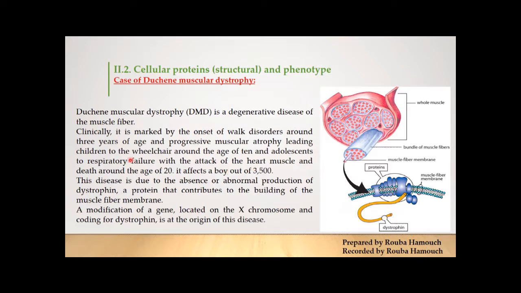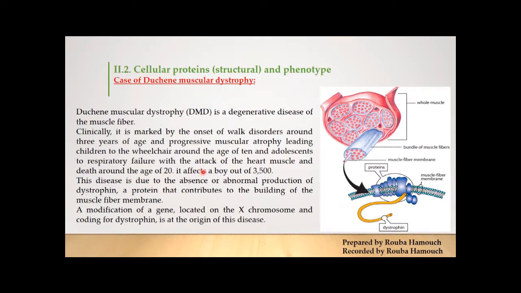You know that we have respiratory muscles involved in respiration, and the heart is also a muscle. So in this disease, all the body muscles are attacked and will die. So the adolescents will have respiratory failure and heart attack, and we have the death of the individual, mainly the death of boys, around the age of 20.